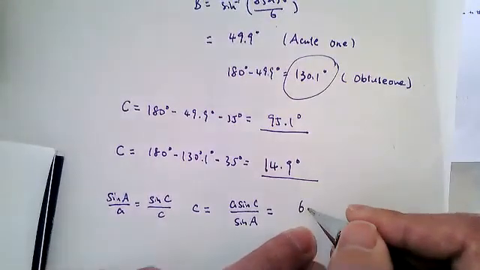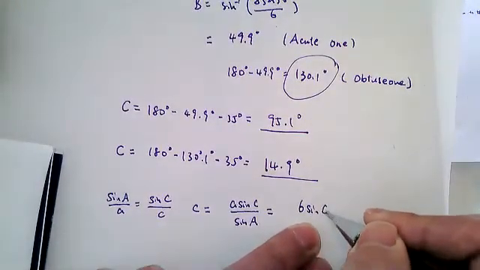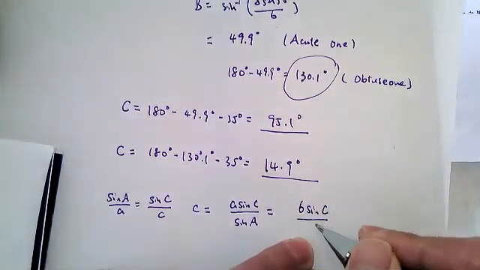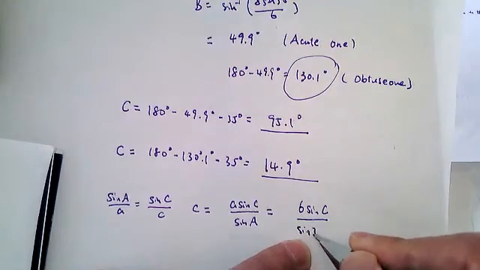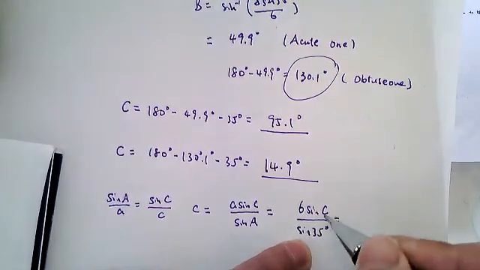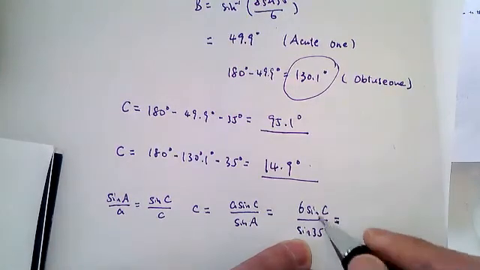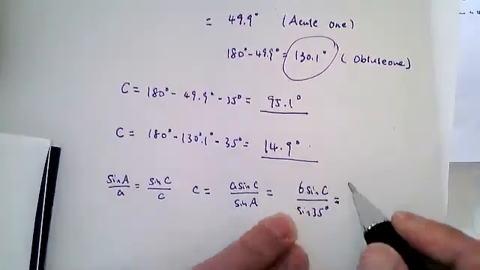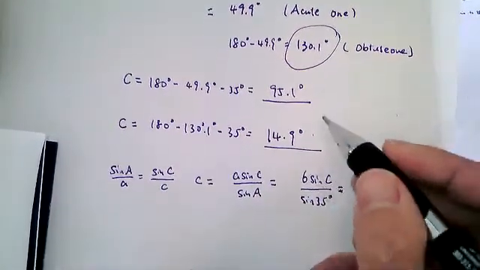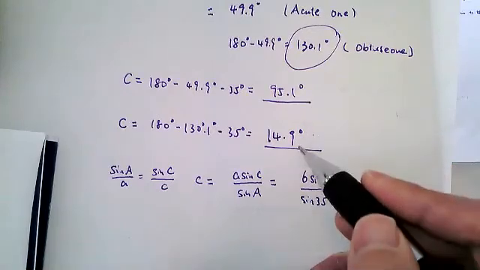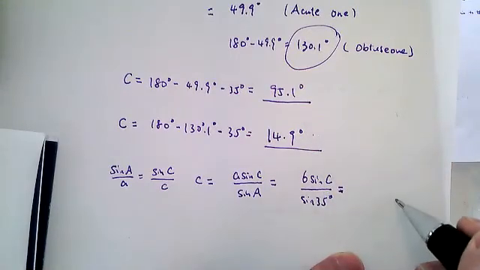So this is 6 times sine C over sine 35 degrees. For capital C, you have two candidates. So I'm not going to do it. Again, I hope somebody would help me plug in C equal to this one and this one to give me two answers.